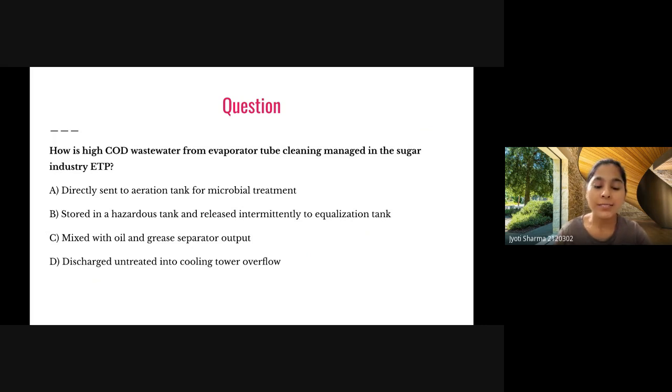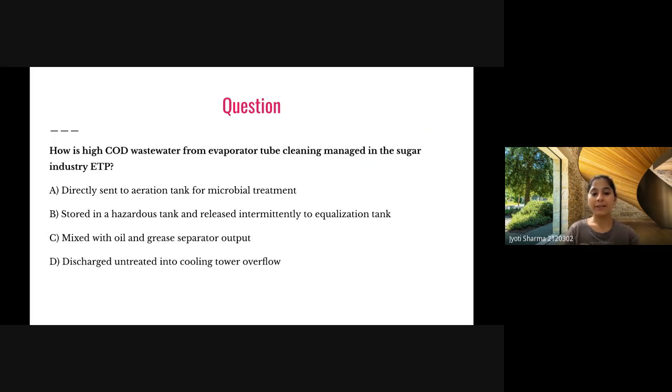Okay. How is high COD wastewater from evaporator tube cleaning managed in the sugar industry ATP? Directly sent to aeration tank for microbial treatment, stored in the hazardous tank and released intermittently to equalization tank, mixed with oil and grease separator output, discharged untreated into cooling tower overflow.